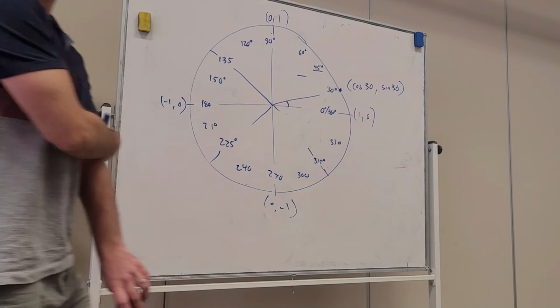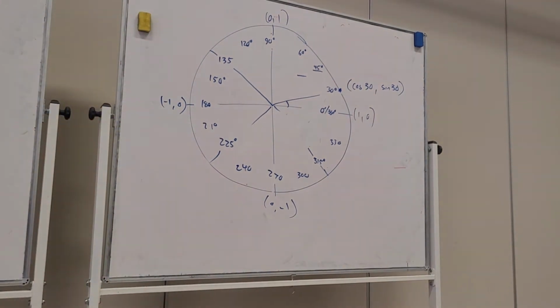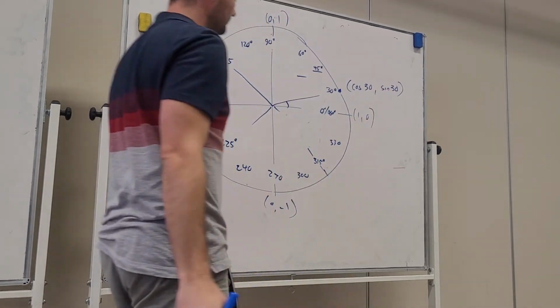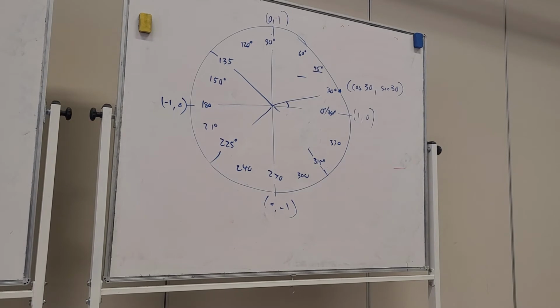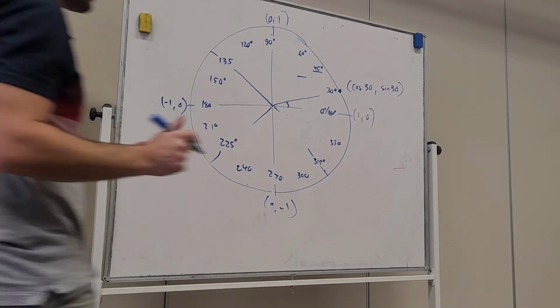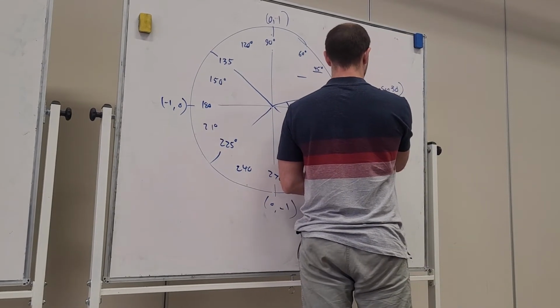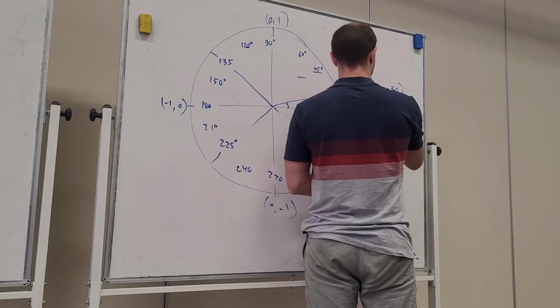The x coordinate is cos of theta, the y coordinate is sine of theta. Pull your calculator out and let's find the coordinates of this point. We should get root 3 on 2 and a half.